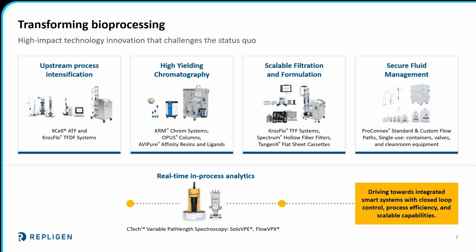Our comprehensive fluid management offerings allow you to be confident with secure fittings and secure supply chains. Our goal at Repligen is to drive integrated smart systems that can be PAT automated using variable path length technology. By integrating our inline flow VPX systems in each of the systems you see here, customers will have process insights like they never had before and will be able to control their process based on real-time analytics.